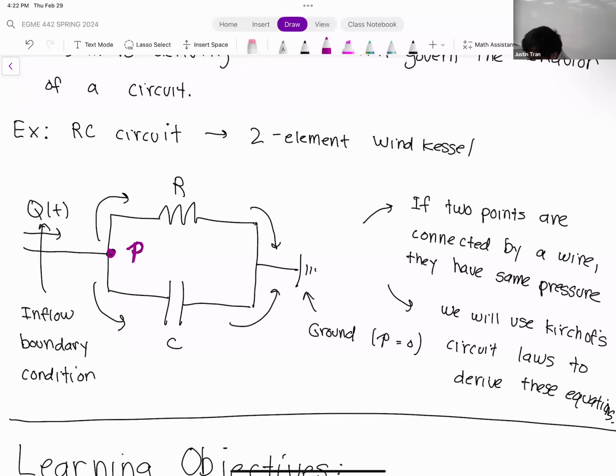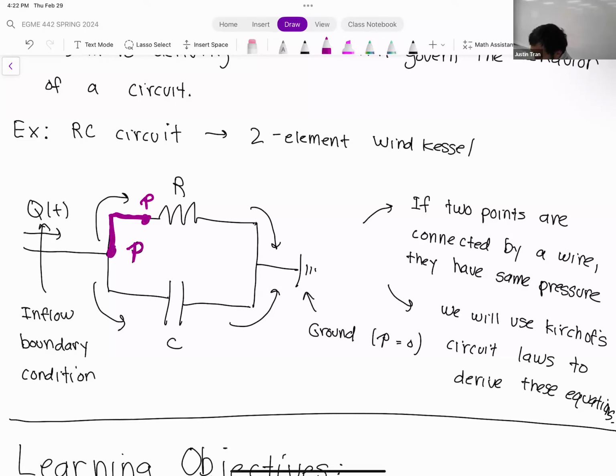And we know that every point here that's connected by wire is going to have the same pressure or the same voltage, right? So if we follow this wire from this junction all the way to the front of the resistor here, we know that the pressure right at the inlet of the resistor is going to be the same as this junction because we're all connected by a wire.